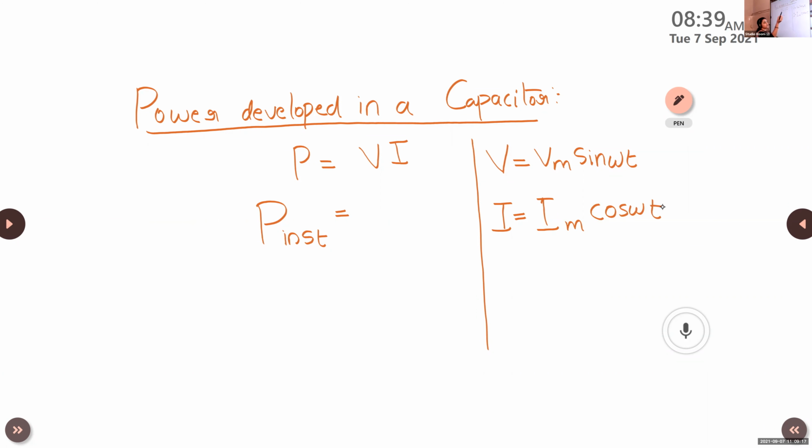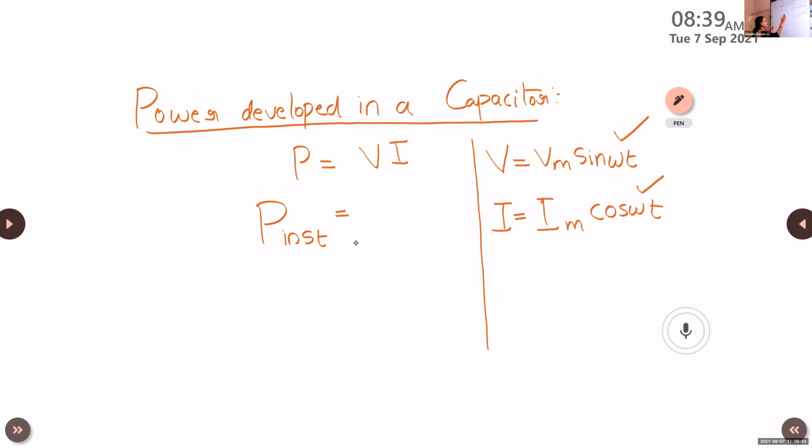So the general expression for power is P is equal to VI. When we connect the source V is equal to Vm sin omega t to a capacitor, it generates a current I is equal to Im cos omega t.